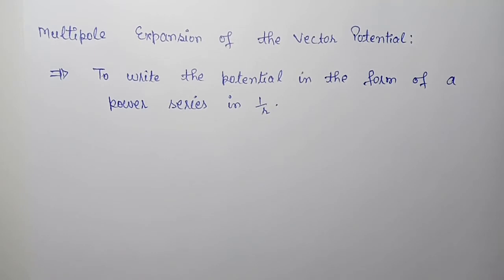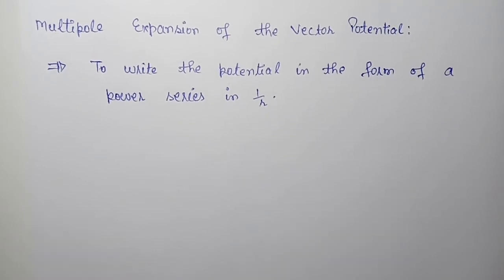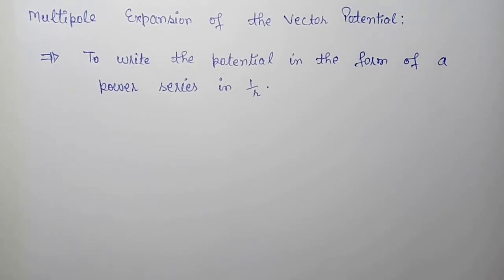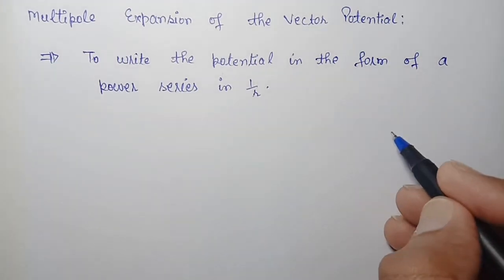In the multipole expansion of vector potential, we are interested to write the potential in the form of a power series in terms of 1 by R.